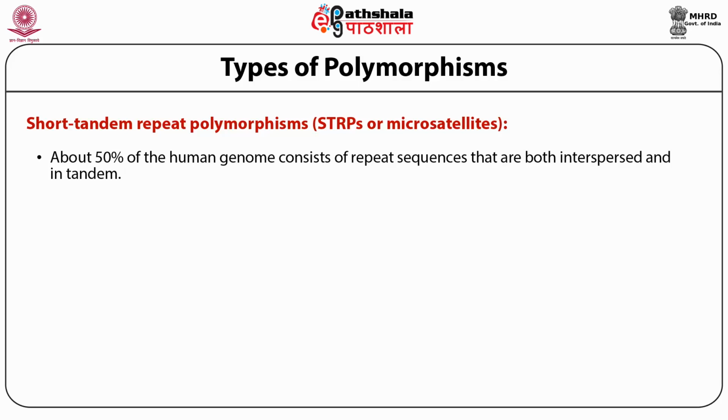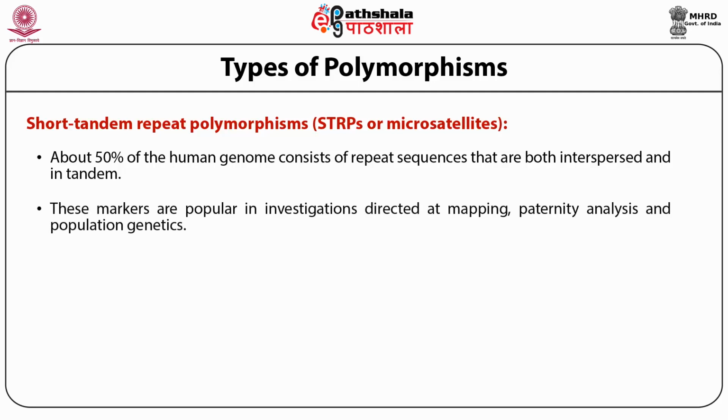Satellites containing tandem repeats, which are 1 to 6 nucleotides long, are called microsatellites. This group of markers forms the first PCR-based markers. They are highly polymorphic and widely distributed in the euchromatic part of the genome. These markers are popular in investigations directed at mapping, paternity analysis, and population genetics.